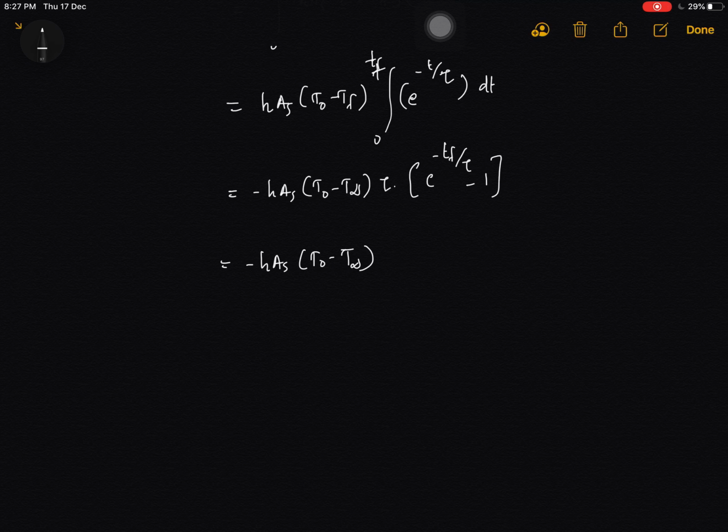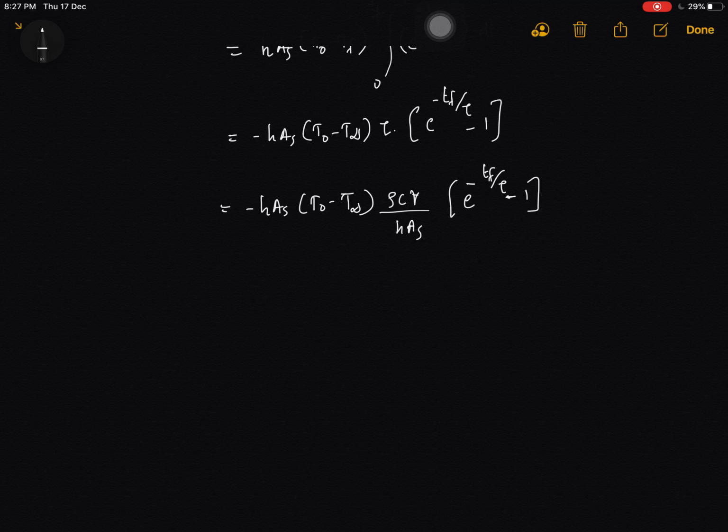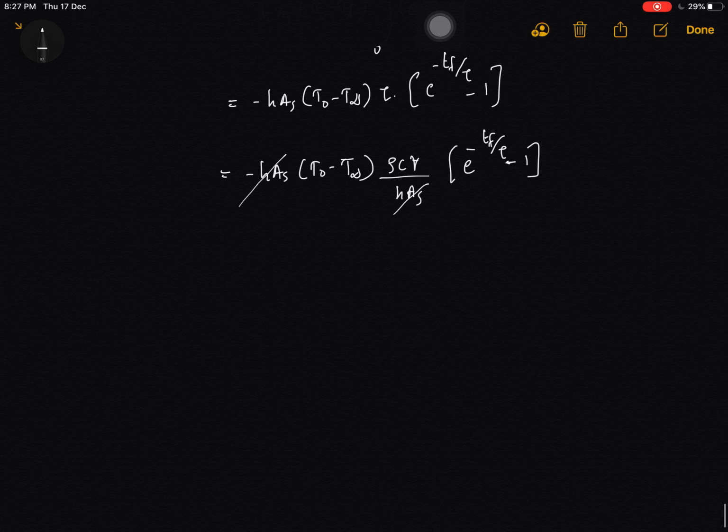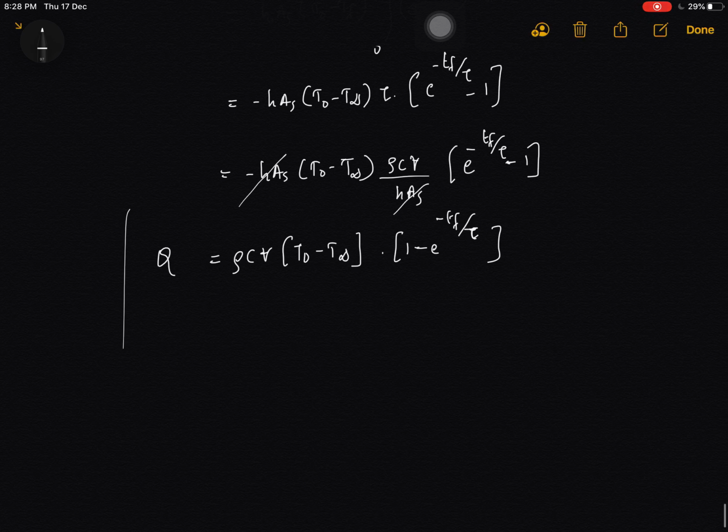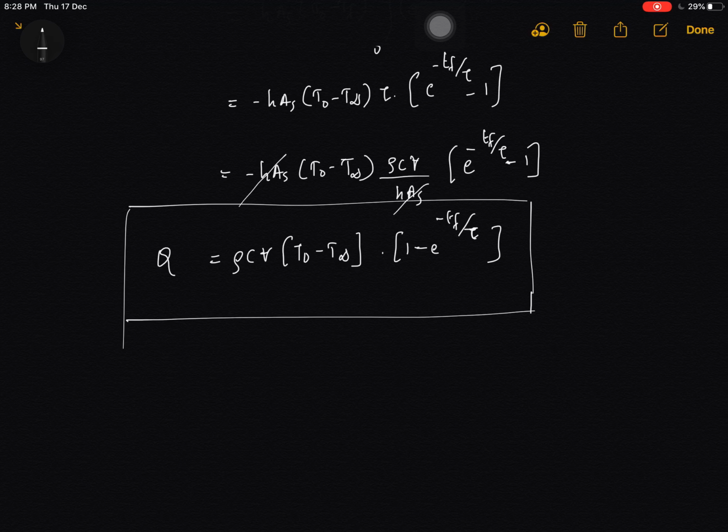Okay, and we know that this tau is rho cv by hAs, so we can cancel the hAs terms, and we can write this equation as rho cv into (T0 minus T infinity) into (1 minus e raised to minus tf by tau), and this is the net heat transfer that is occurring in the body.